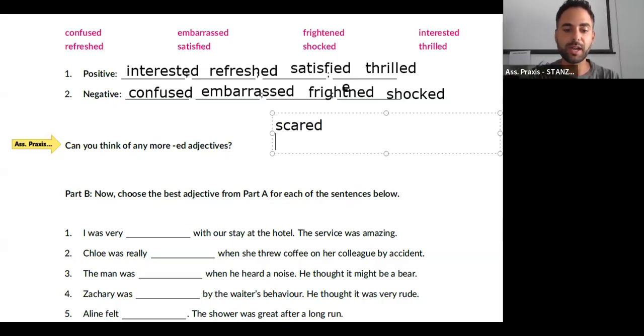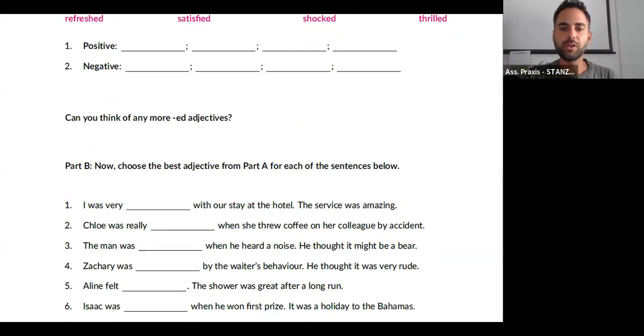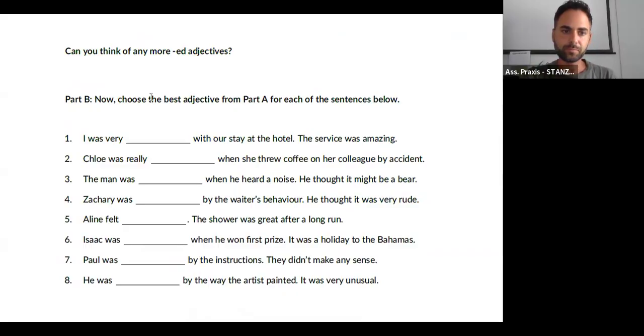Or other adjectives we looked at in the previous sentences, just like bored, for example. These are all adjectives ending in ed, and they describe the feelings, the emotions of a person or an animal. We're going to then use these adjectives we have here to complete the following sentences.